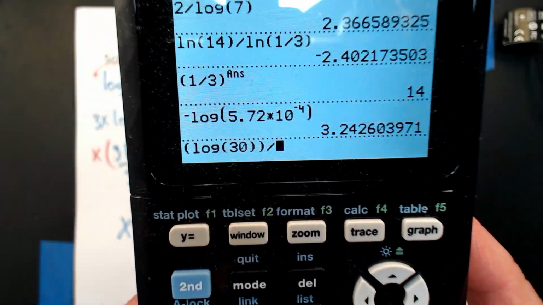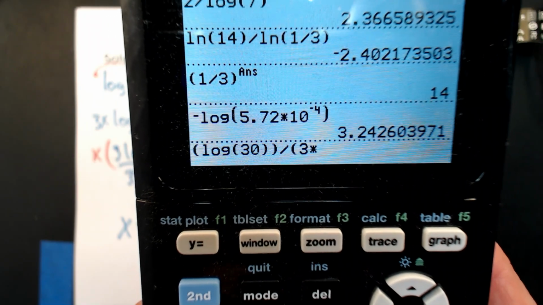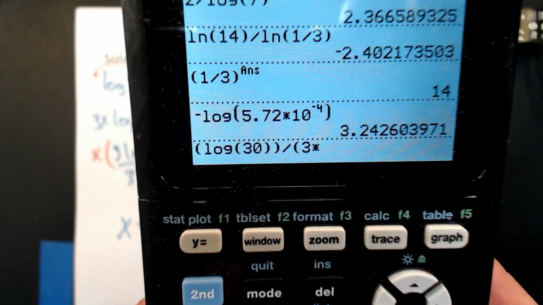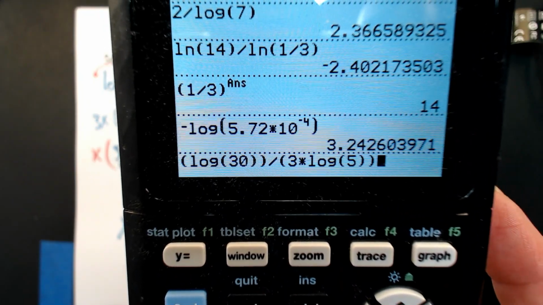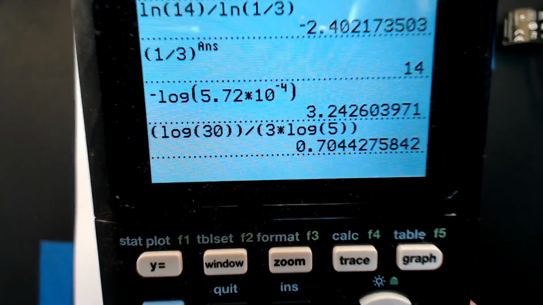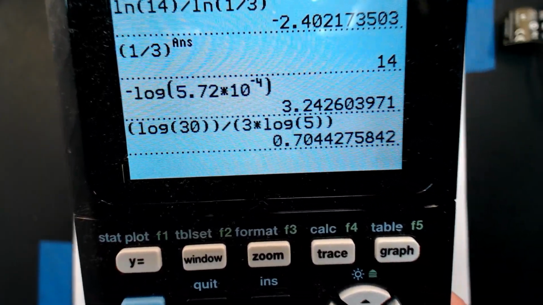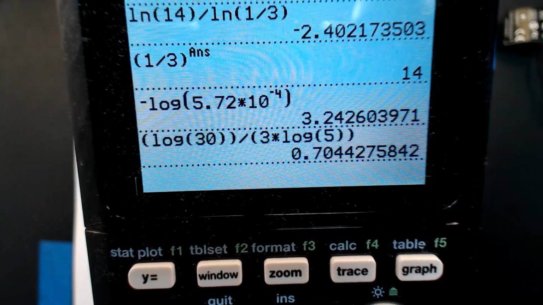And divided by, and once again I'm going to include the entire denominator in parentheses. Otherwise it's going to divide it by 3, then multiply it by log 5. I'm going to close out that parentheses, and then I'm going to enter. And 0.70442 seems about the right number.